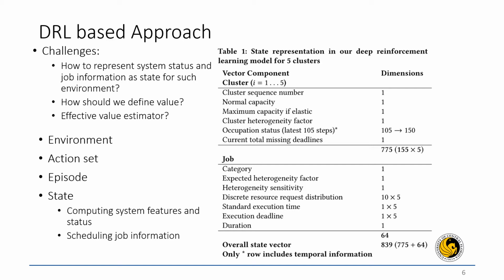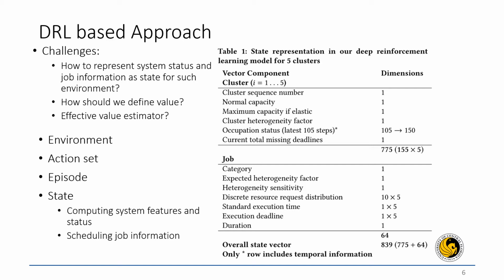For the job, we have features such as its expected heterogeneity factor, which is also used to measure its standard execution time. We have its heterogeneity sensitivity measure, which, roughly speaking, tells us a range of heterogeneity factors, that when cluster heterogeneity factor is in this range, the job's execution time in the cluster will be proportionally affected from its standard execution time by the cluster heterogeneity factor.